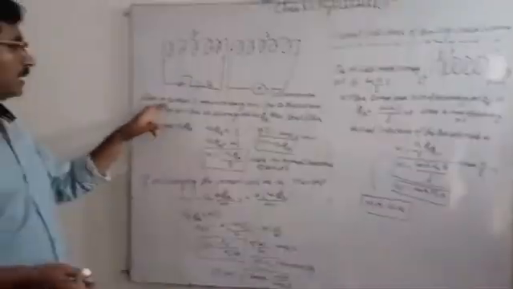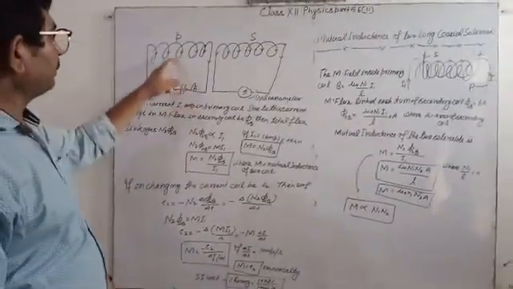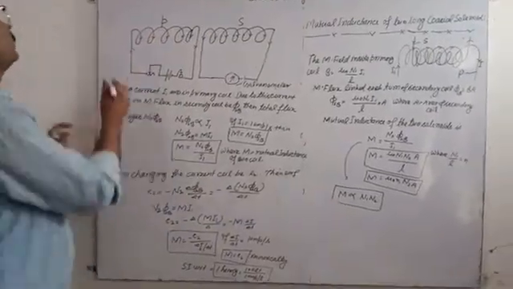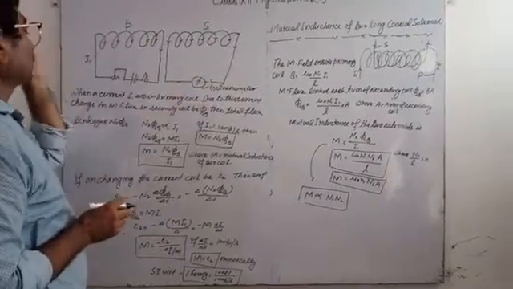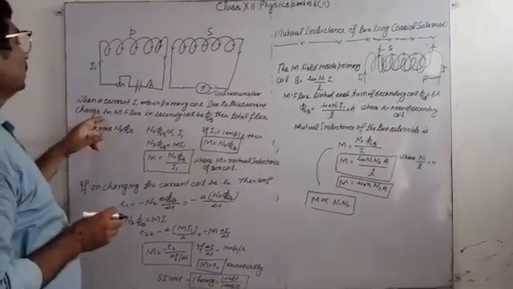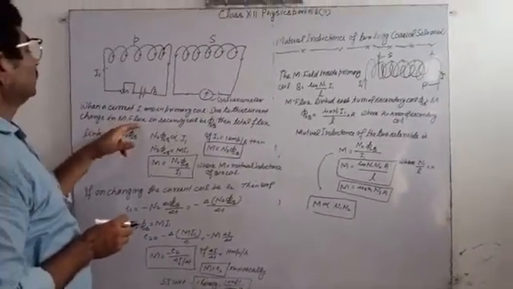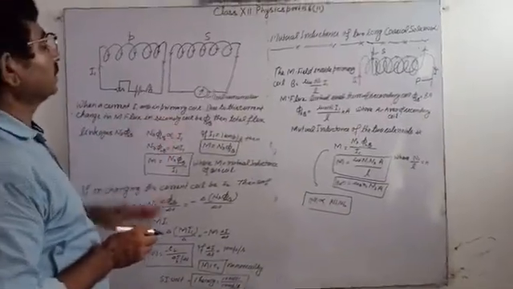When current I1 flows in the primary coil as shown in the figure, due to this current a magnetic flux phi 2 is linked with the secondary coil.